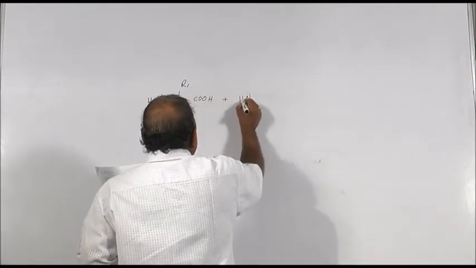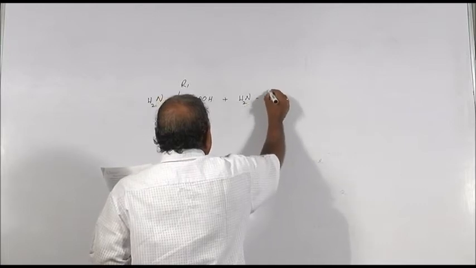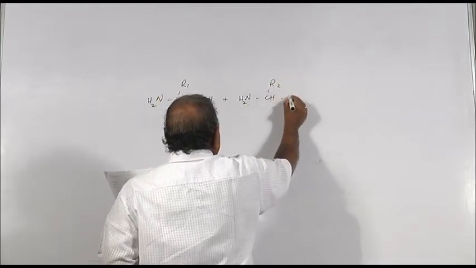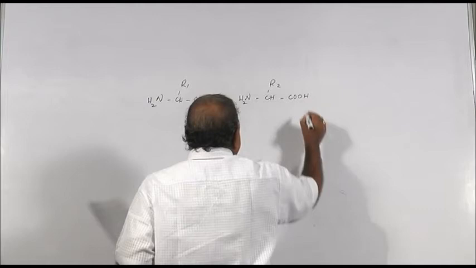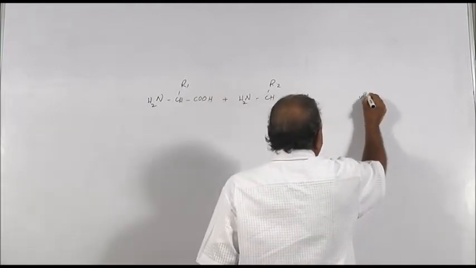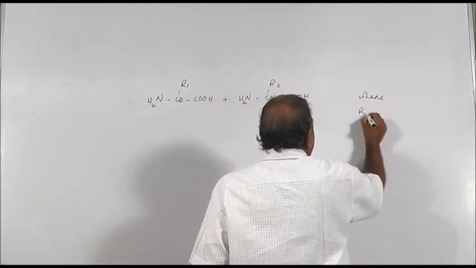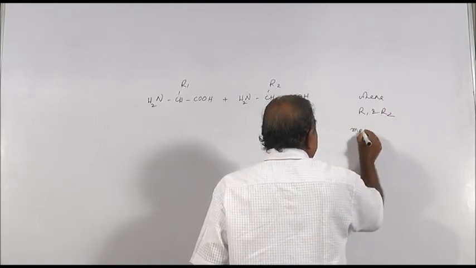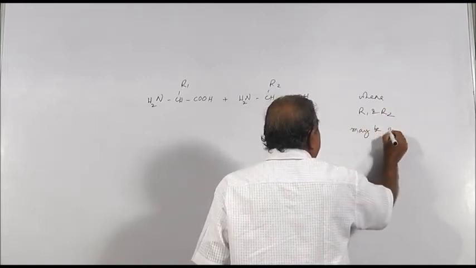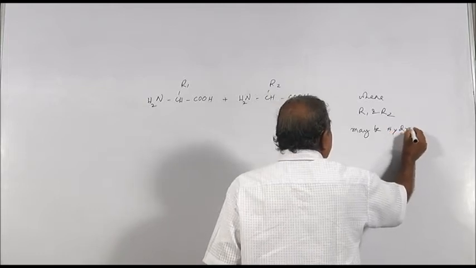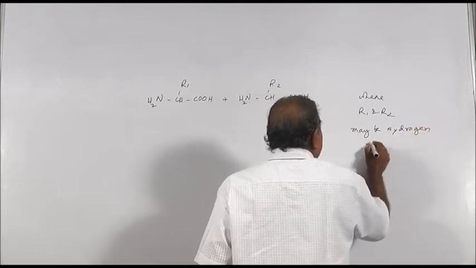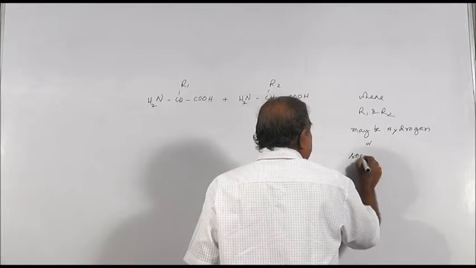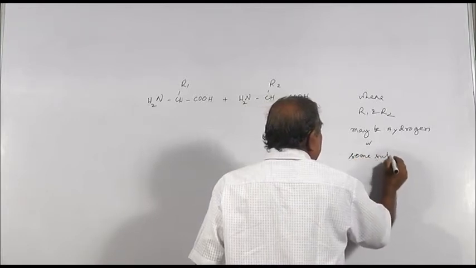And another amino acid, say NH2, CH, R2, COOH, where R1 and R2 may be hydrogen or some substituents.